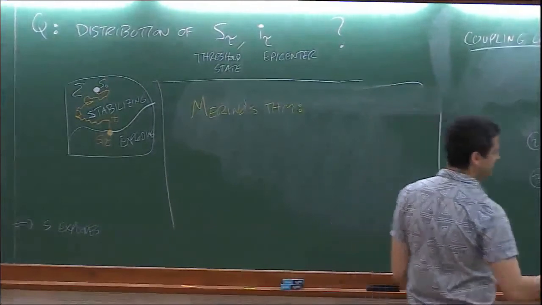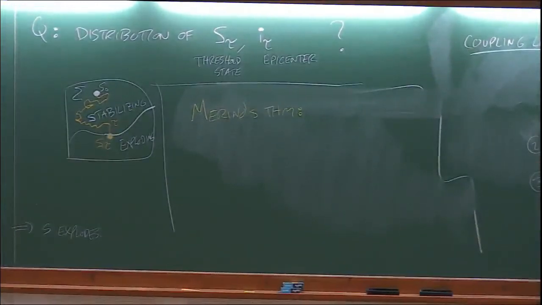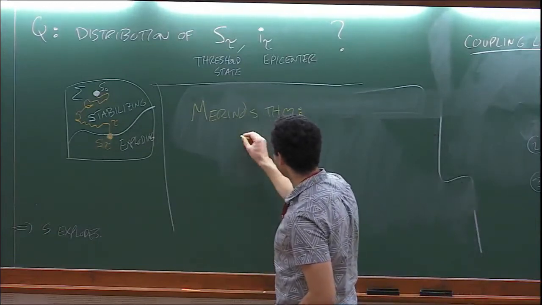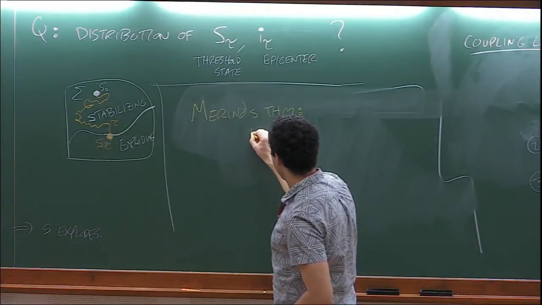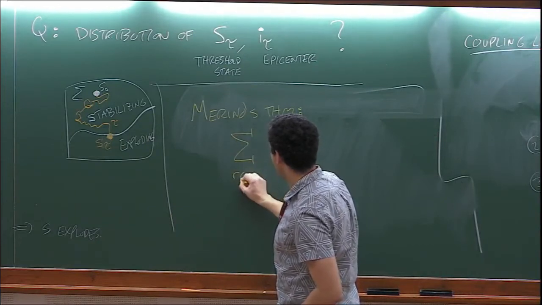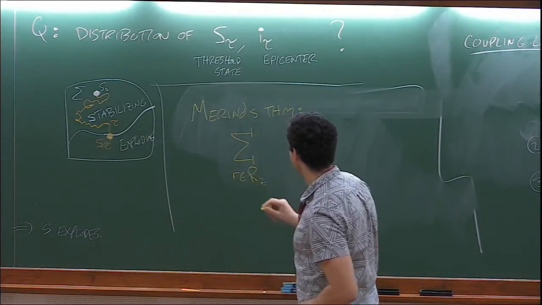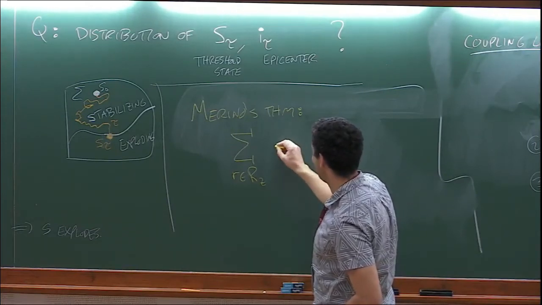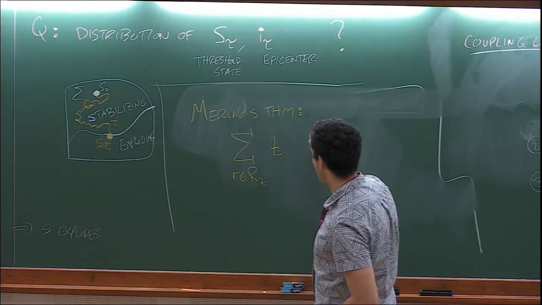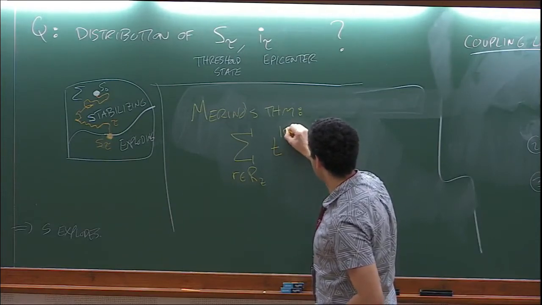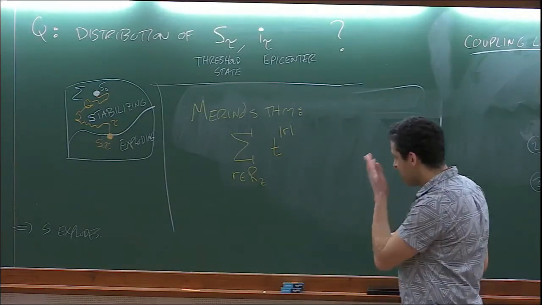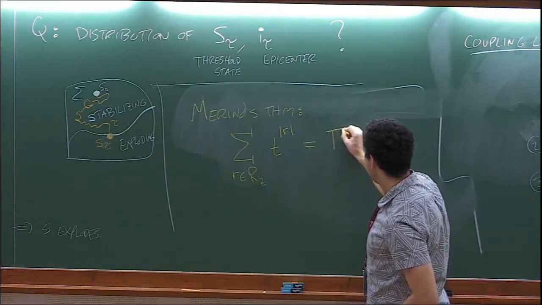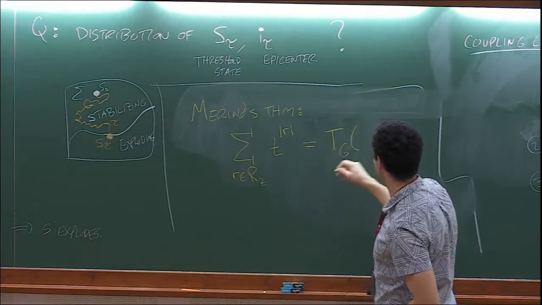So Merino's theorem says that certain statistics don't depend on the choice of sink. Namely, if you take a sum over all recurrent configurations and take a generating function, some variable t to the power of the number of chips in the recurrent configuration, then what you'll get is some polynomial in this variable.